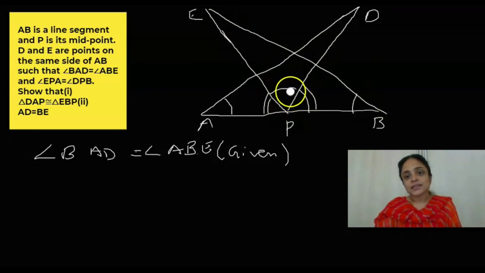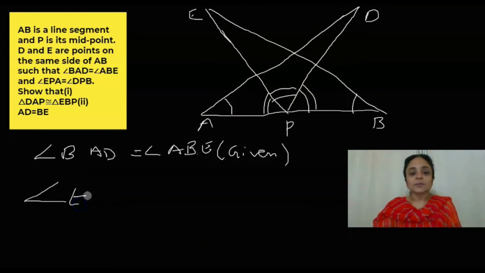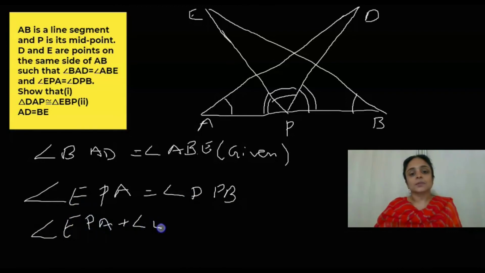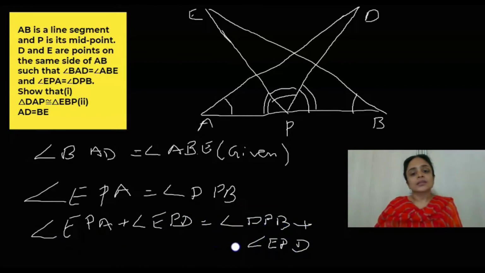So here this angle will also be included in this triangle, and in this triangle also this angle, that is angle EPD, will be included. We have angle EPA is equal to angle DPB, right? So when you add this angle EPD to both, it will be equal. EPA plus angle EPD is equal to angle DPB plus angle EPD. Okay. This is equal, right?